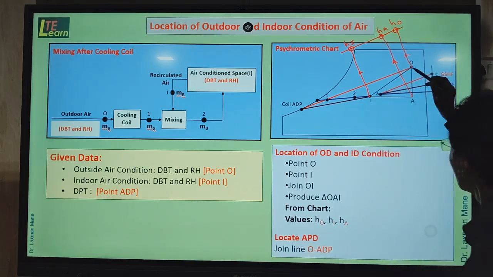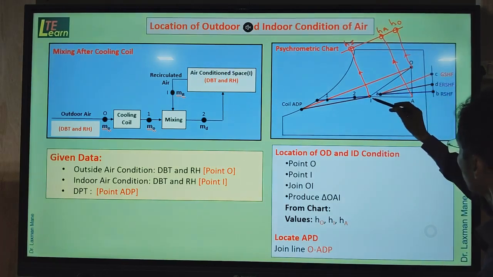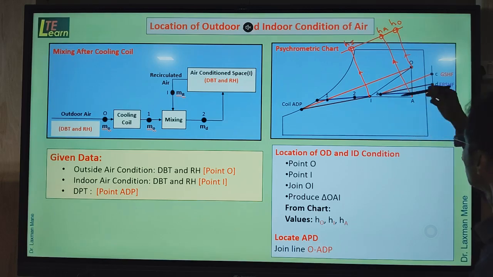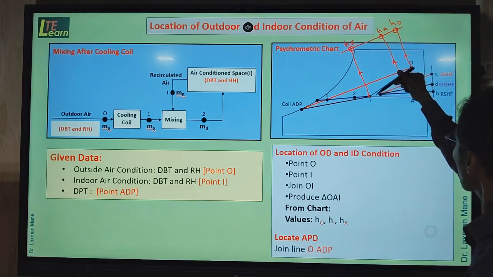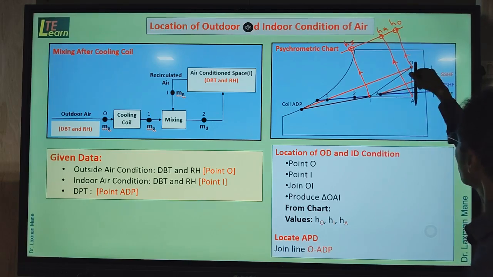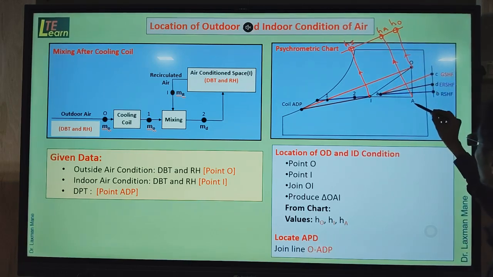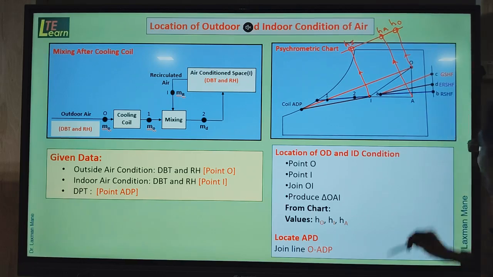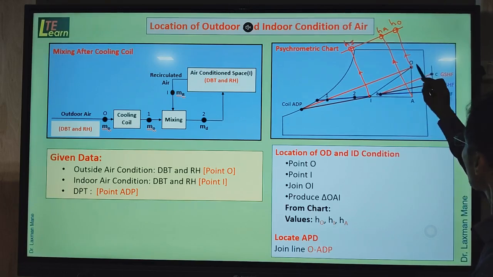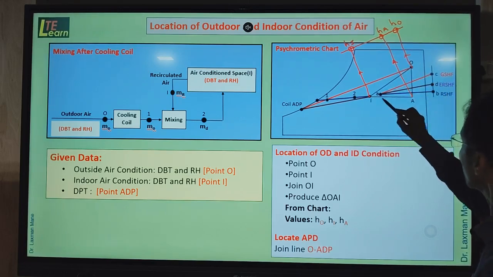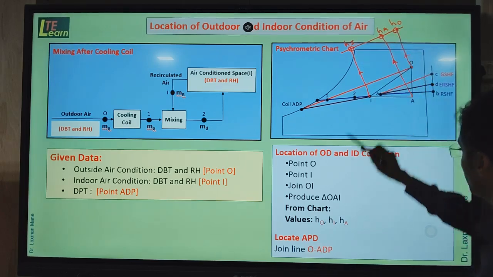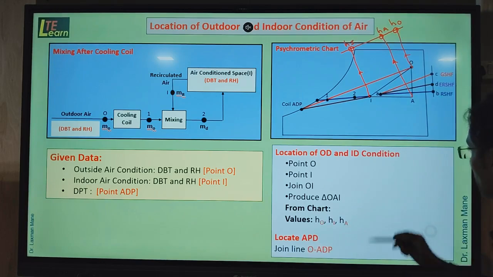Now here this O and I, from these 2 points we produce here a triangle. Means to this OI line we draw a horizontal line and we draw a vertical line. Intersection of both lines we find point A. Then we produce the enthalpies of outdoor air, indoor air, and this third point intersection on the enthalpy scale, which we use in further process.